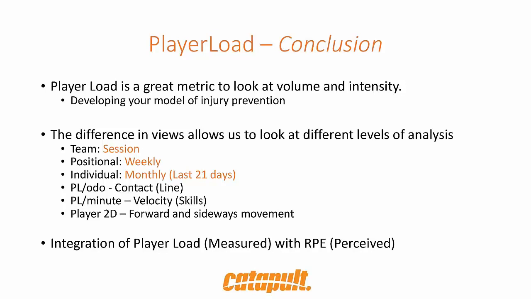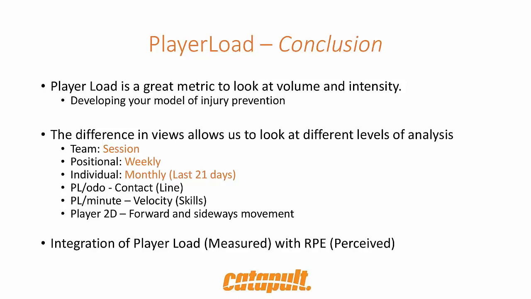Asking those questions and talking about the three different metrics here in terms of player load versus yardage, odometer. It's contact driven. Player load per minute is velocity driven, and who do we use that with? We use the player load for distance mostly for our line guys, and the player load per minute for our skill guys.